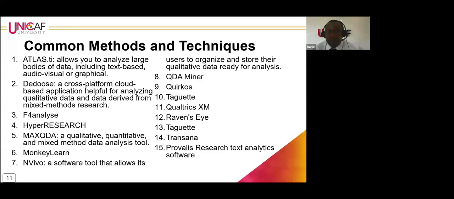So these are the more common methods and techniques that are used to analyze qualitative data. The data that we have coded, we have cleaned, and we have processed. So it is just a part of data processing.